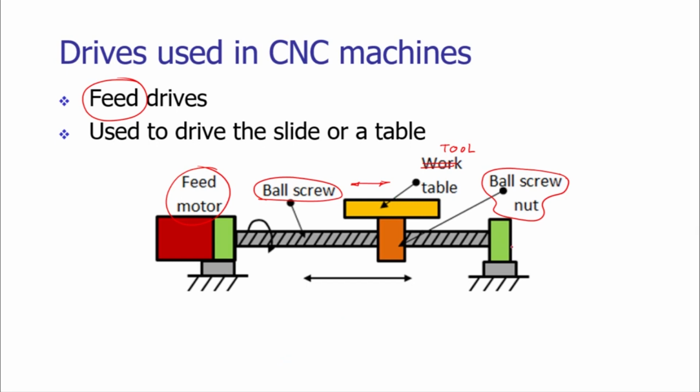The other end of the ball screw is supported. When the feed motor rotates the ball screw, there is translatory motion of the ball screw nut. As the table is attached to the ball screw nut, we get the required linear motion. In this way, we can have the feeding of the workpiece to the tool, and then we get the required work done.